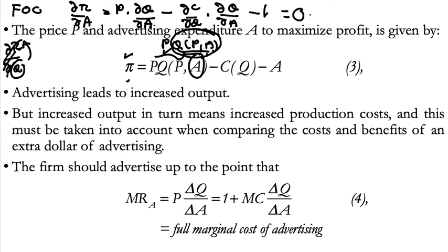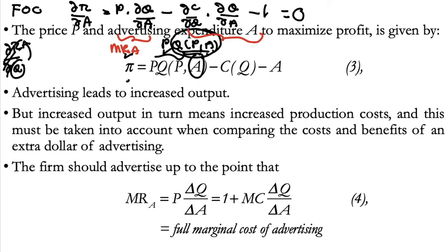Okay, now let me use a different pen. If you look at this, what is this? This is marginal revenue from advertising expenditure. If you look at these two, the first one is delta C over delta Q times delta Q over delta A, minus 1. What is this?